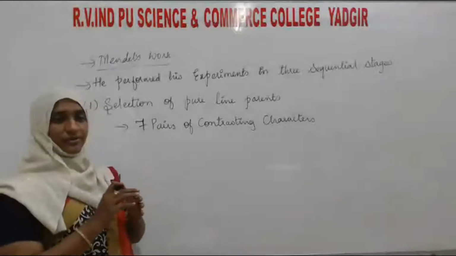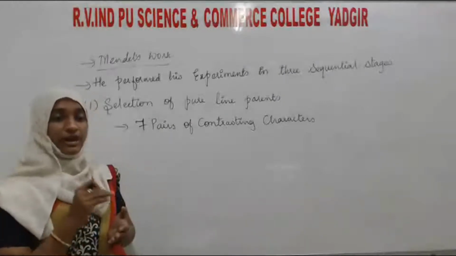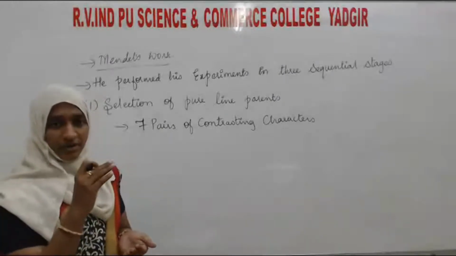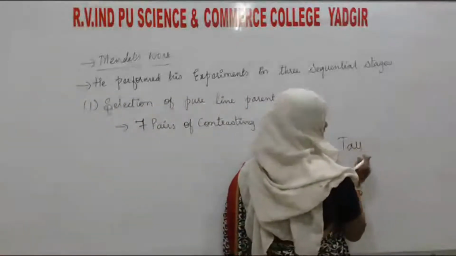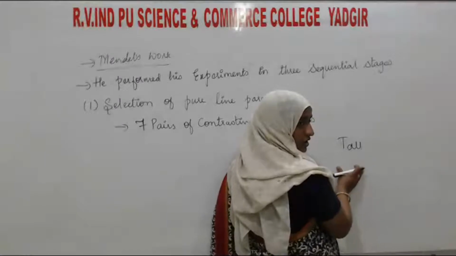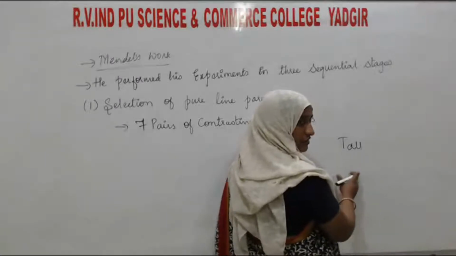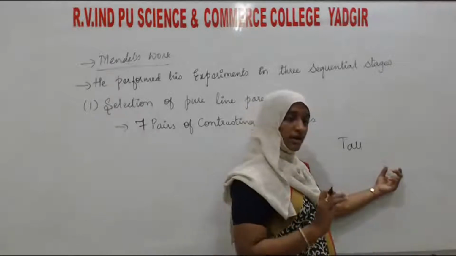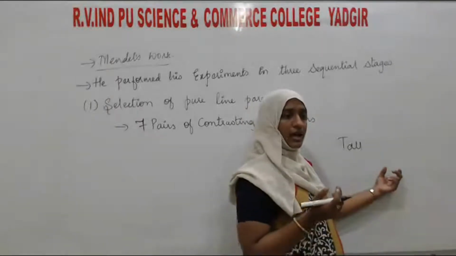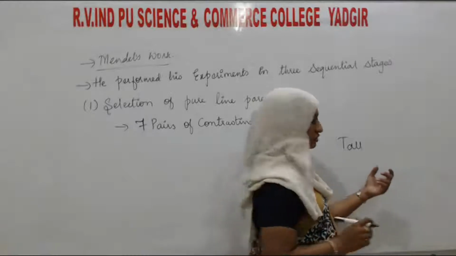For example, the height of the plant is tall, and the character should be opposing to this character. What is the opposite word for tall? That is short. That short can be written as dwarf.